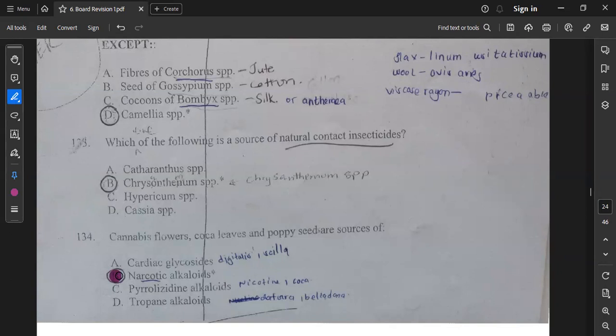Cassia is senna, right? Yes. So what is the other common name for chrysanthemum? Is it pyrethrum? I'm not sure. I don't know, but probably yes.